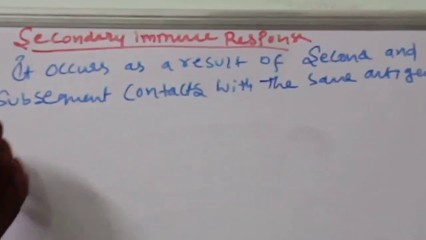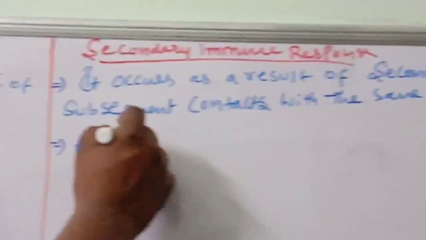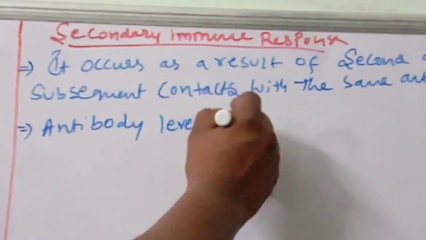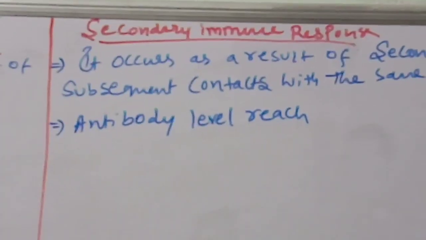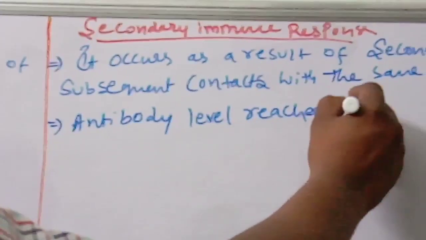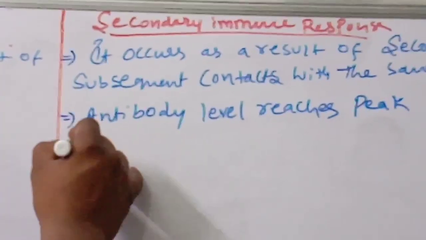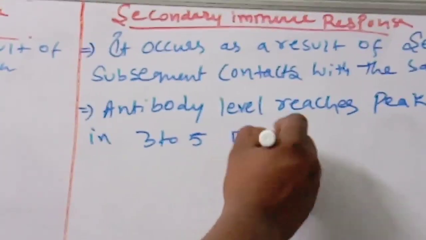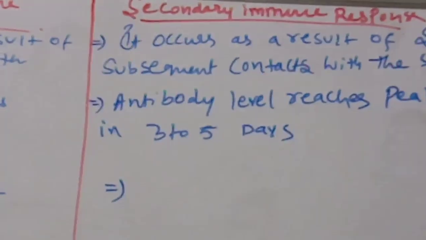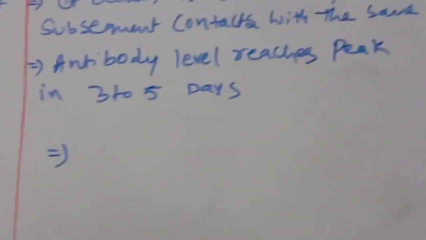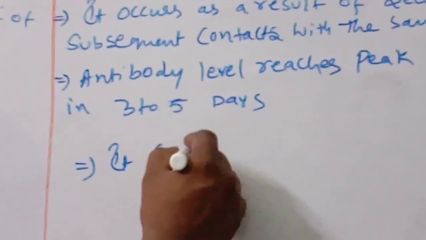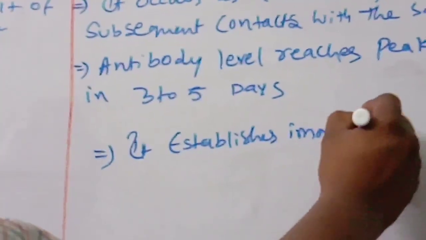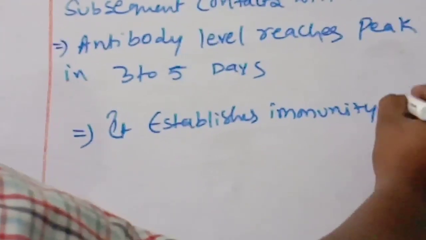Next, antibody level reaches peak in 3 to 5 days. Next point: here it establishes immunity in a short time.